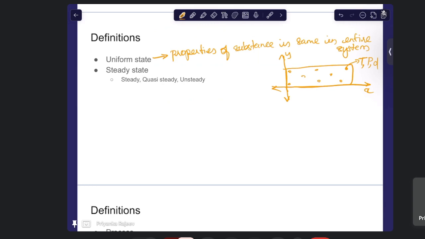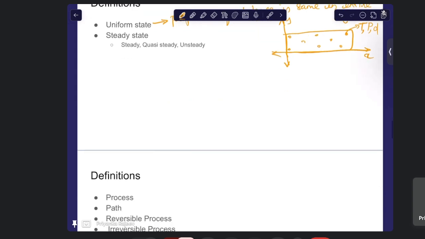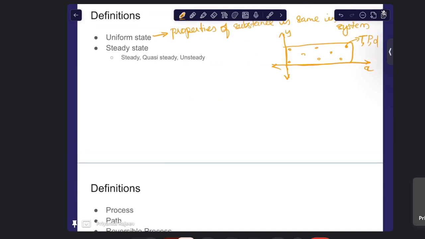Then that is called a uniform state or uniform system. Okay, then you have got steady state. Steady state means what? If I'm measuring temperature at a particular point, it changes here.